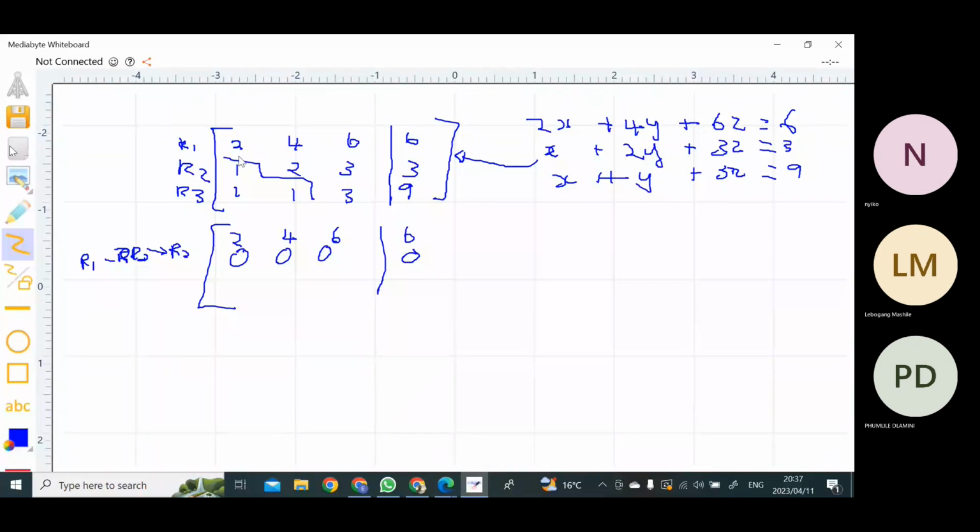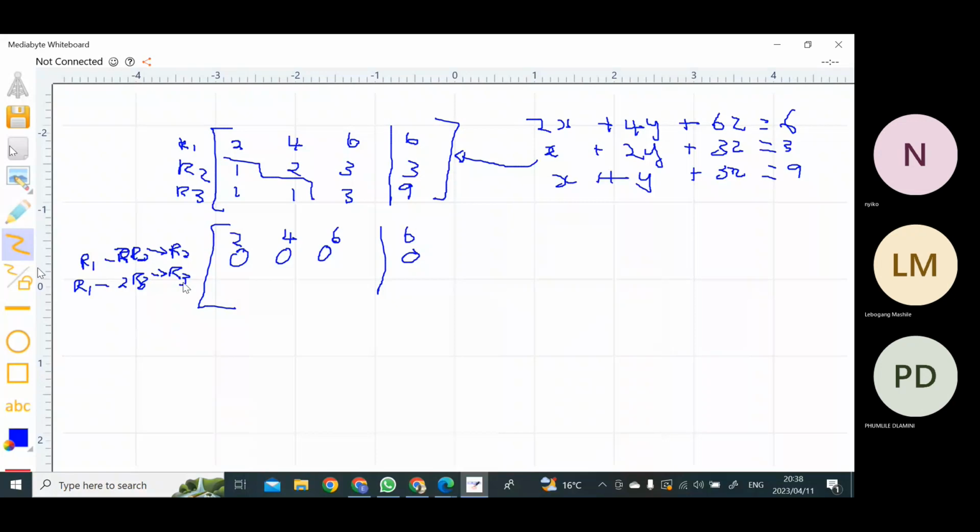Then again, I say row 1, I subtract 2 times row 3 to achieve the new row 3. This is what I'm writing. When you're answering a question like this, you must write them down, because it's very important to show the steps that you have used in order to get the solutions.